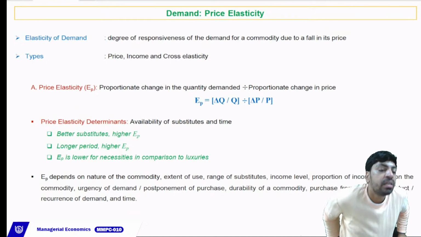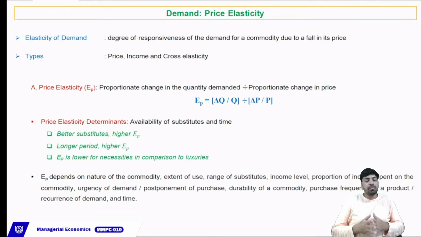Longer period means higher elasticity, because over a longer period prices fluctuate and demand fluctuates. As a result, elasticity of demand will also get higher. Price elasticity of demand is lower for necessities compared to luxuries. Luxury goods have a high price elasticity of demand because they have a high price level.